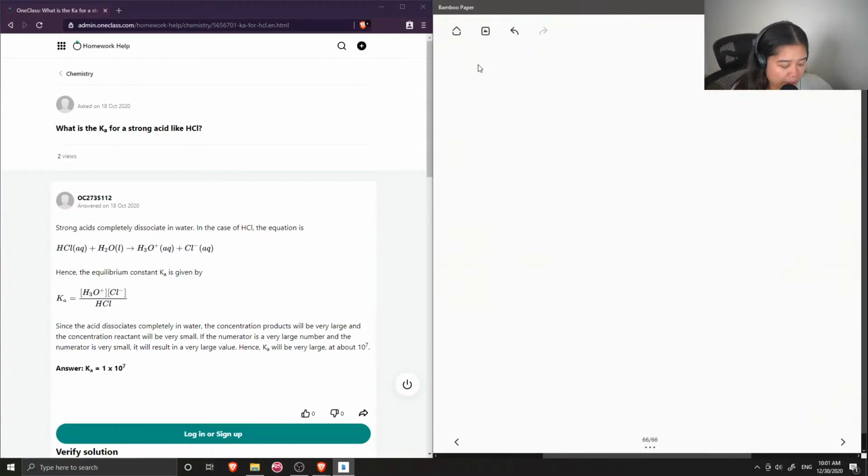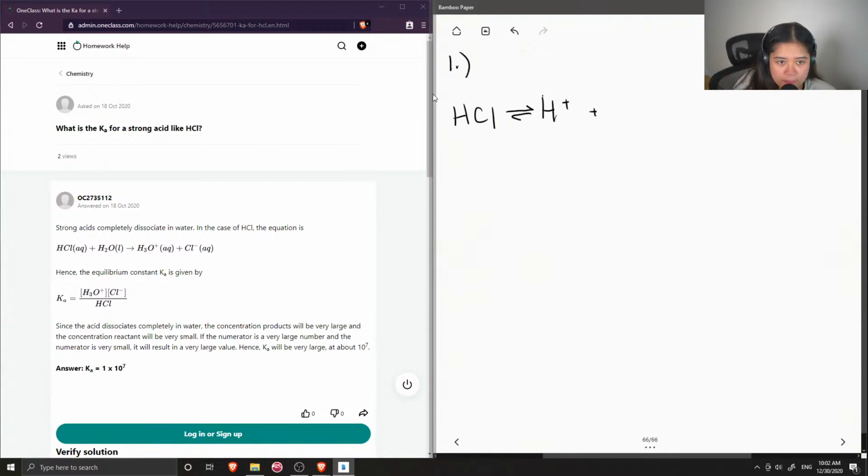Okay, so question 1 asks, what is the Ka for a strong acid like HCl? Let's show why hydrochloric acid is a strong acid. When HCl is in water, it completely dissociates into its ions, H plus and Cl minus.